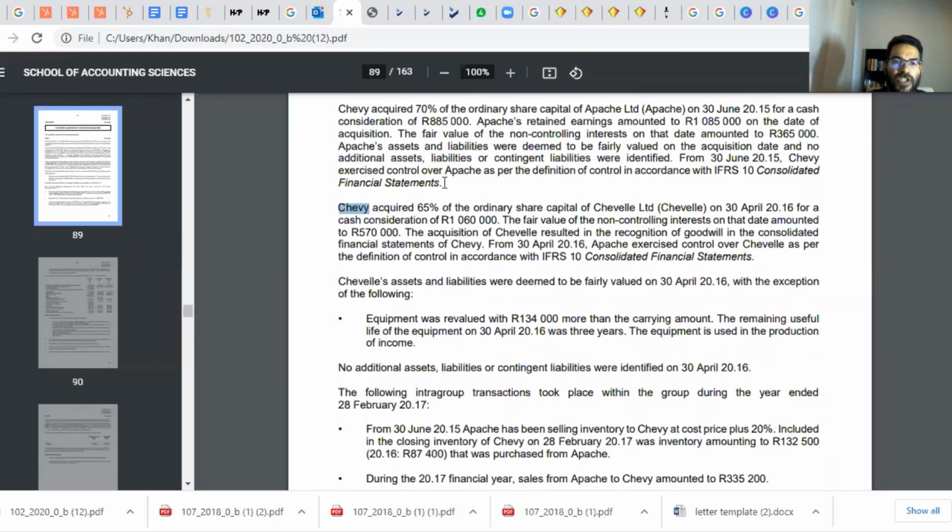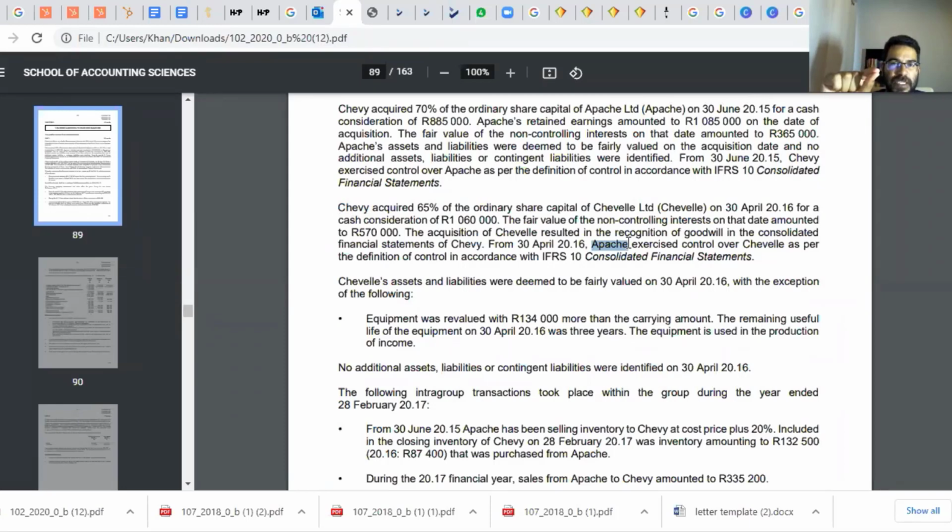Because in the first part, they're saying Chevy acquired 65% of Chevelle, but here they're saying APAC exercised control over Chevelle. So we can assume that APAC here needs to be Chevy. So this must be Chevy, not APAC. So Chevy exercised control over Chevelle. So there we pick up, we have control.